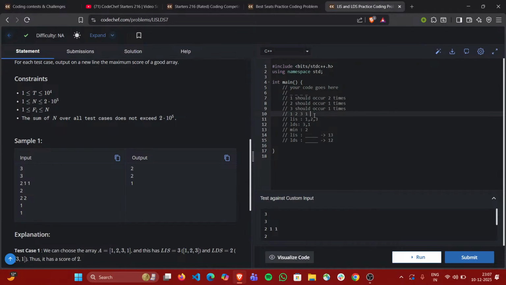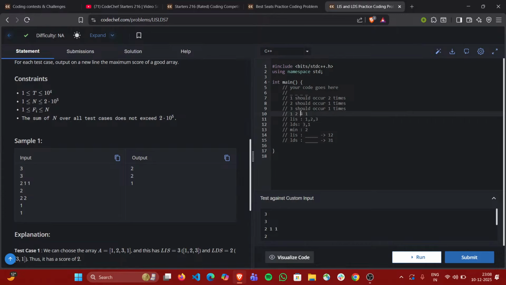The LIS in my case is 1, 2, 3, and the LDS is 3, 1. So 1 is assigned to both of them, 2 is assigned to the LIS, and 3 is assigned to the LDS in this example. And we can see that 3 is also assigned in both the LIS and LDS.